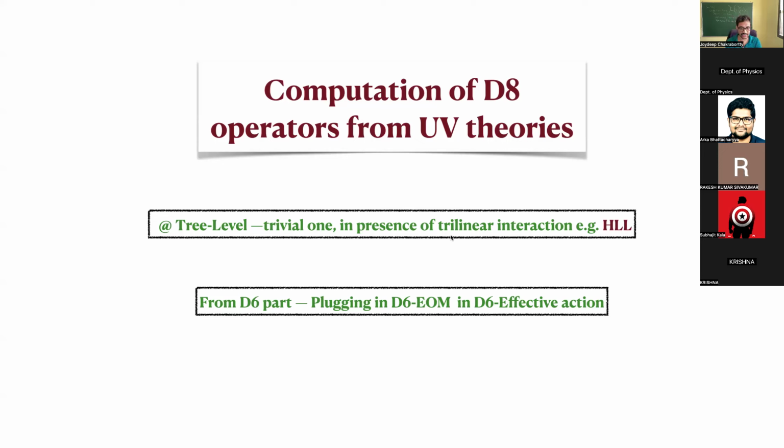So this is the redefinition of the field. If you use the redefined field in your Lagrangian, then it will remove the redundancies. So the redefinition of the quantum field is a very important aspect, and it has been shown that the redefinition of the field is actually equivalent to the equation of motion, or vice versa.